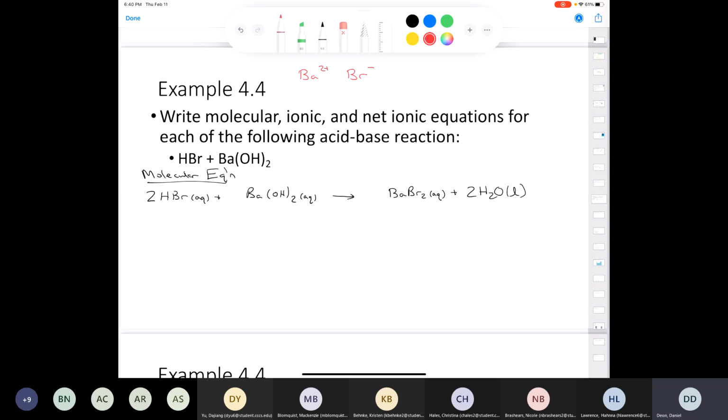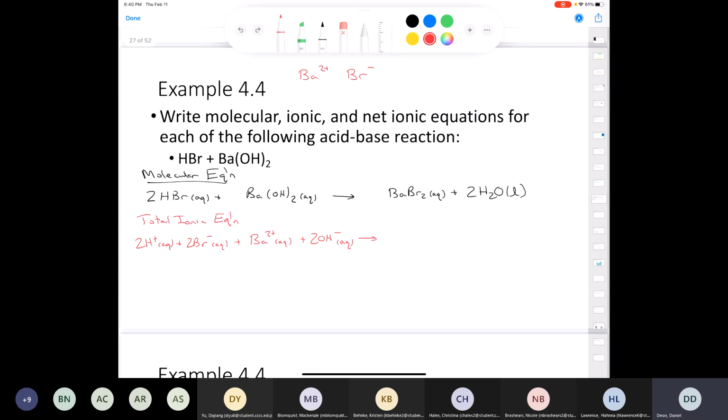Okay. Next, we're going to write out the total ionic equation. That means everything that says aq, we're going to break apart into its ions, so everything except water. For our 2HBr, we've got 2 H+ ions in solution, plus 2 bromides in solution, plus we have a barium in solution, plus 2 hydroxides in solution.